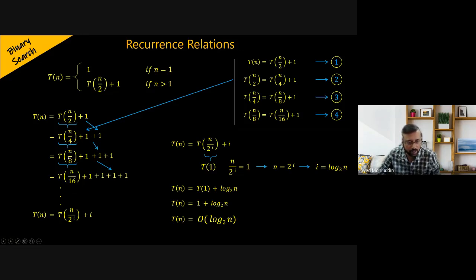This part is for T(n/8). Then plus 1 plus 1 plus 1, three times, from the original equation. So three times we have successfully substituted the equation, that is T(n/2), T(n/4), T(n/8). Now, we cannot go on further.